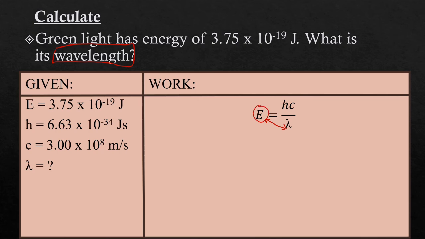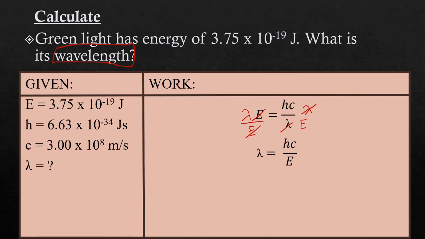So how this works out algebraically is that we multiply wavelength on both sides. Therefore, this cancels out. Then we divide E on both sides. This E cancels out. And I have wavelength equals h times c divided by E.